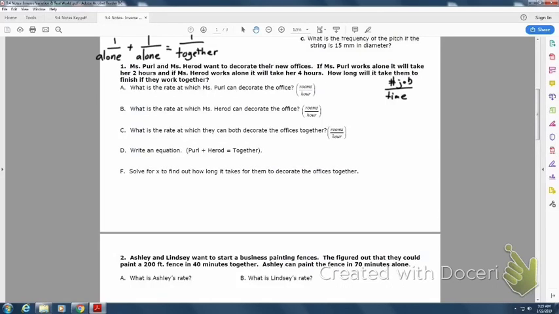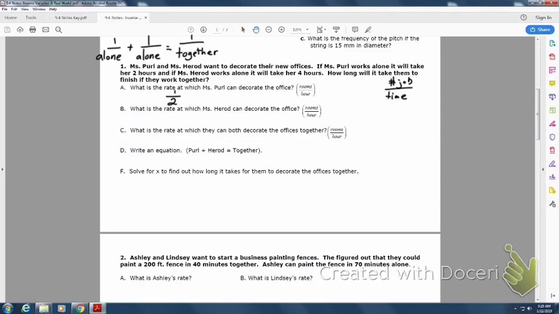Okay, so on this problem, reading through it, it says Miss Pearl and Miss Harrod want to decorate their new offices. If Miss Pearl works alone, it will take her 2 hours. And if Miss Harrod works alone, it will take her 4 hours. How long will it take them to finish the job together? So, Miss Pearl, for her to do the one job, it said it took her 2 hours.